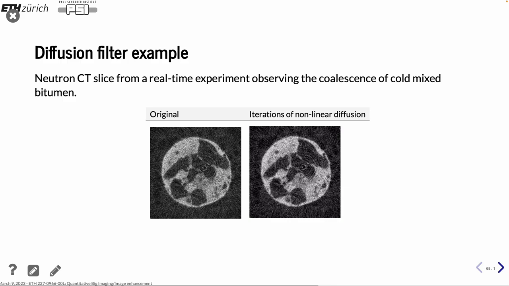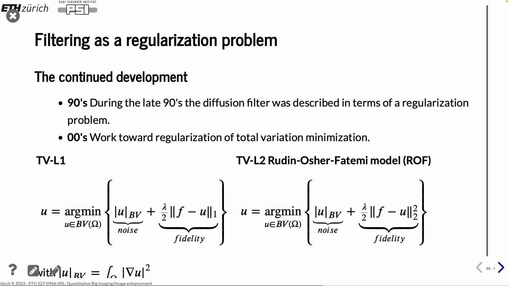Now you can see the iteration steps. So we are solving the time steps of this equation iteratively until we come to a point where we are happy with the denoising effect. I think I stopped pretty early in this case, and let's go on with another one.